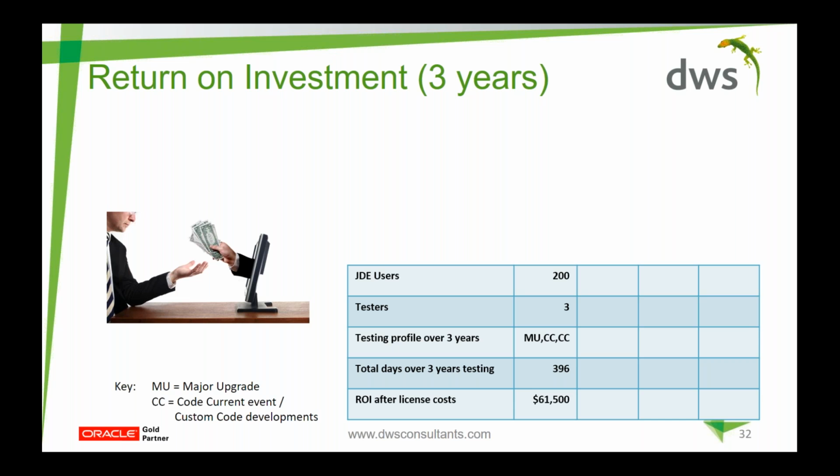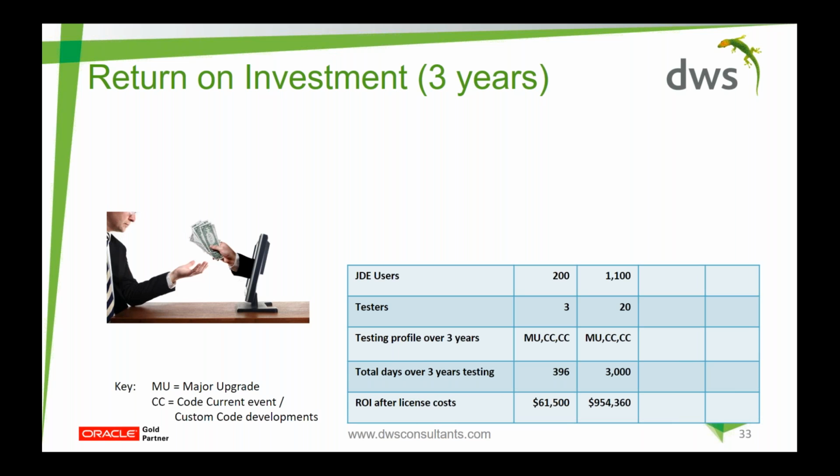And over a 3-year period, they spend approximately 396 days testing. Now, using the estimates that we've just spoken about of identifying that only 25% of their system needs testing, and that the Swift Test product will also reduce the testing effort as well, then we estimate that they will make a return on their investment in the region of $61,000, and that's after paying their licensing costs.